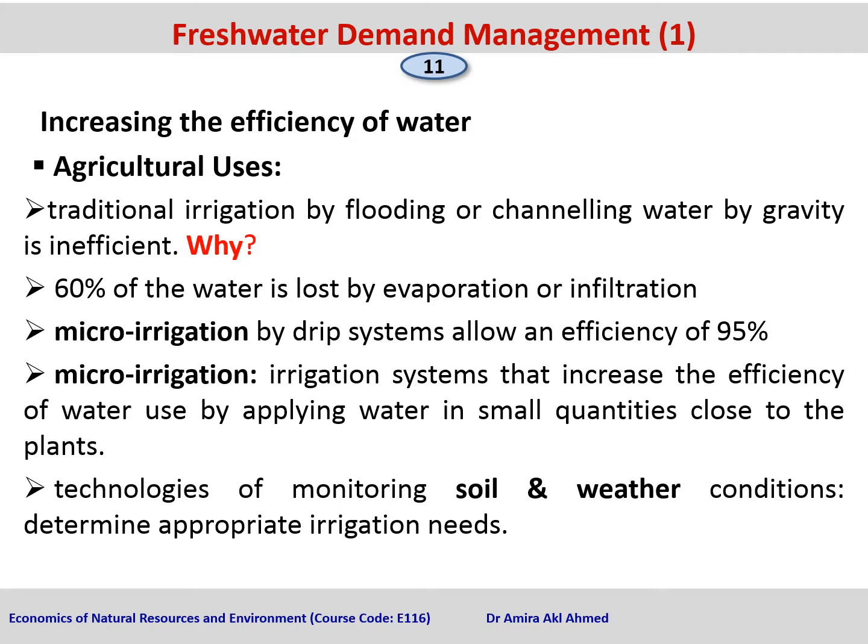Moreover, new technologies of micro-irrigation by drip systems allow an efficiency of 95%. Also, technologies of monitoring soil and weather conditions can more accurately determine appropriate irrigation needs.